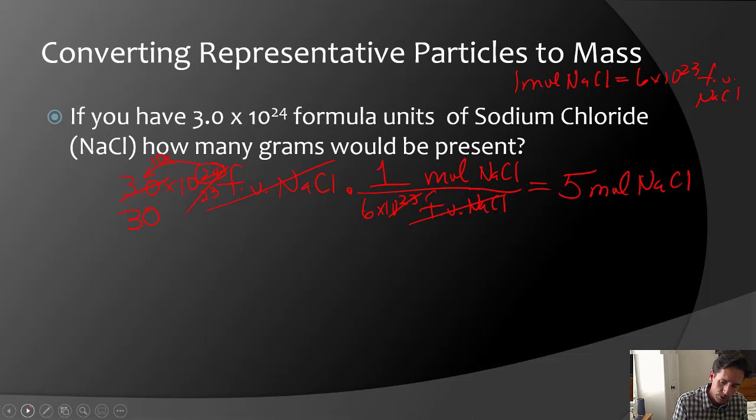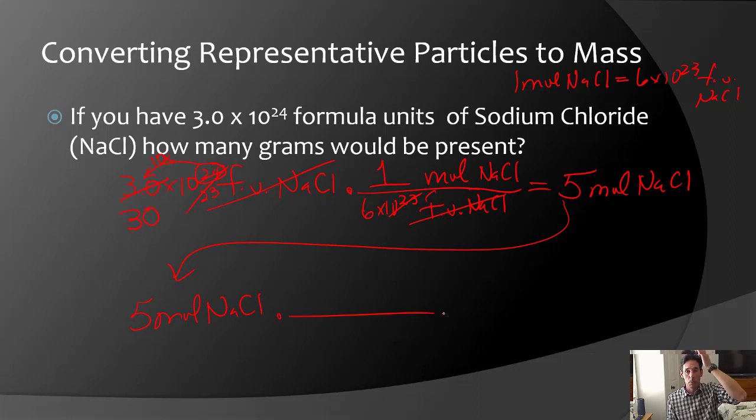So we're going to take our value here, our 5 moles of NaCl, and again, we need to use our molar mass of sodium chloride, which, by the way, we have already used a number of times. There are 58 grams of sodium chloride for every 1 mole of sodium chloride.